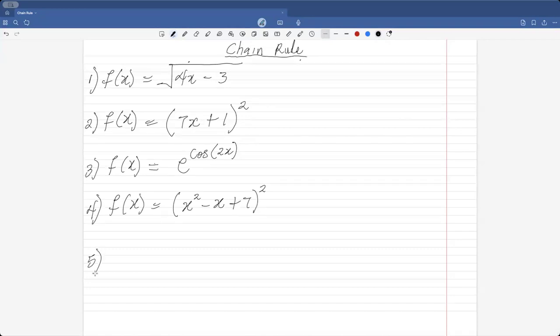Number 5, f(x) equals sine squared of 3x + 2.